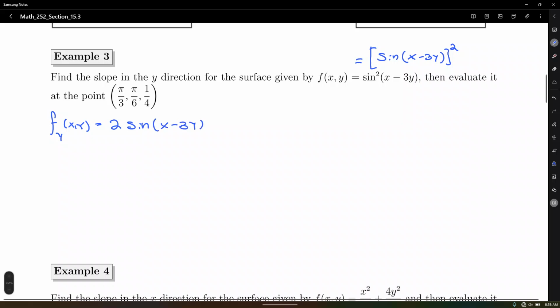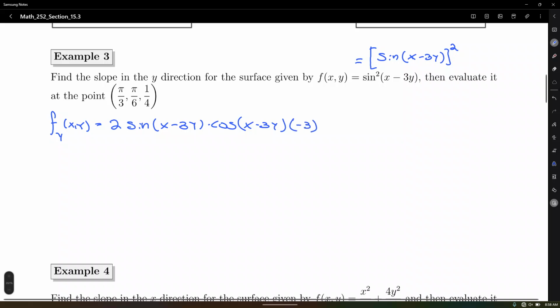So that's the derivative of the outermost function. Now let's differentiate the second function, that is the derivative of sine. That'll be cosine of x minus 3y times the derivative of x minus 3y with respect to y, that'll be -3.